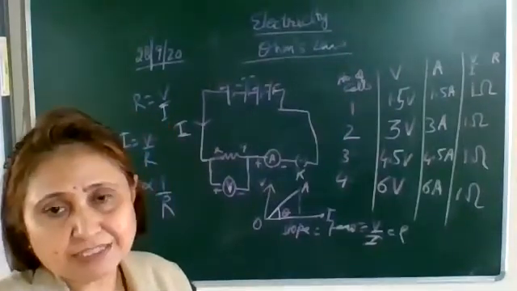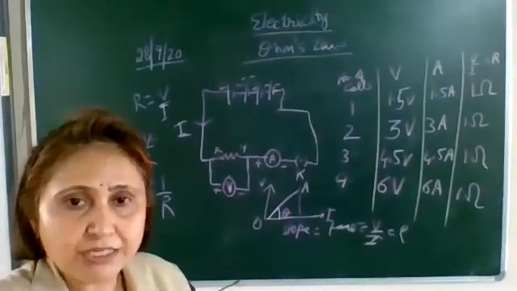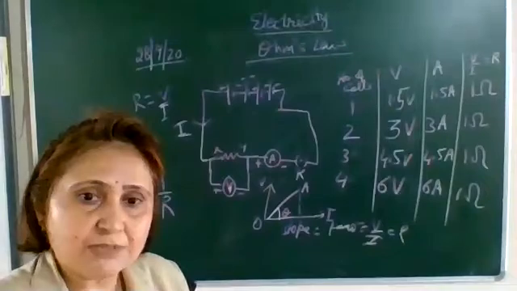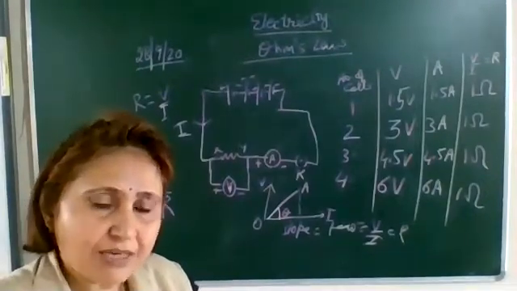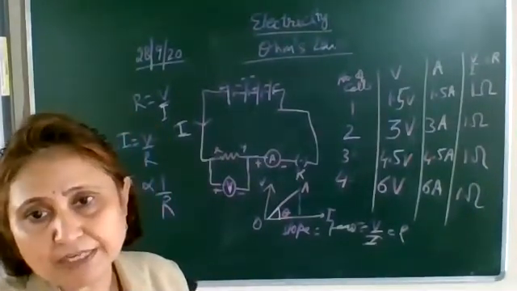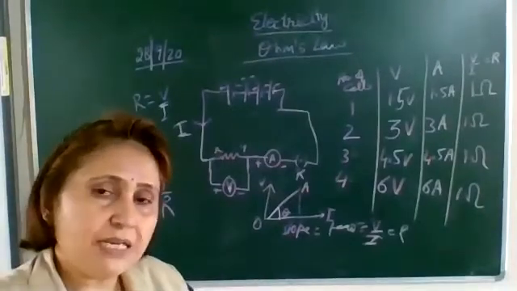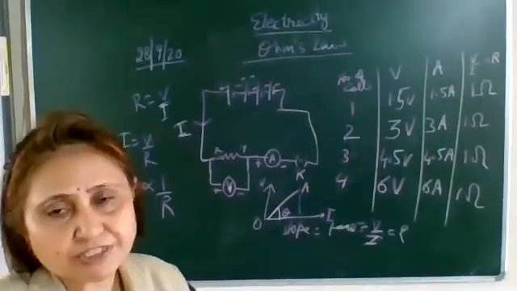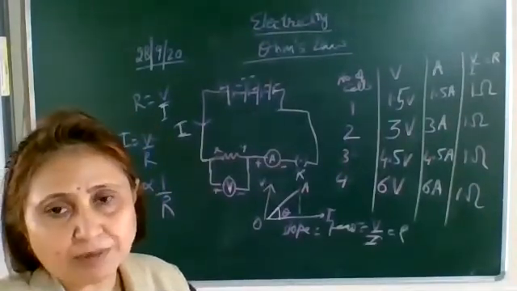Its SI unit is ampere. 1 ampere is 1 coulomb of charge per 1 second, and 1 coulomb of charge is equivalent to 6 into 10 raised to power 18 electrons. So the charge on 1 electron is equal to 1.6 into 10 raised to power minus 19 coulomb.